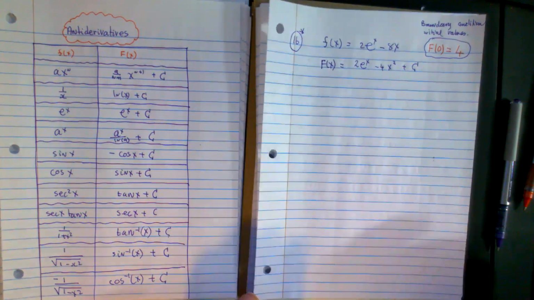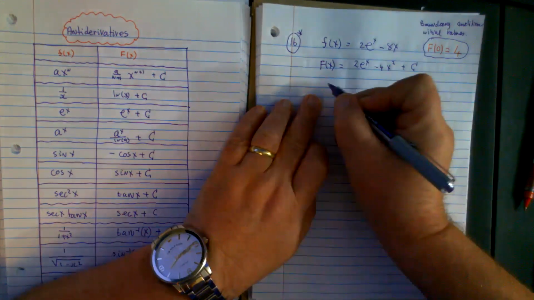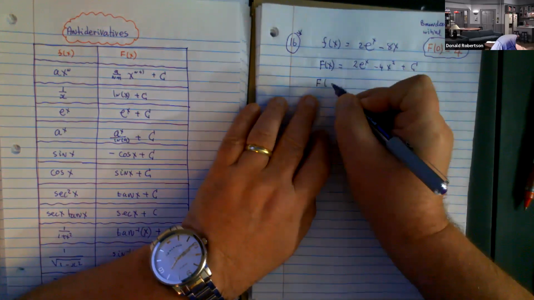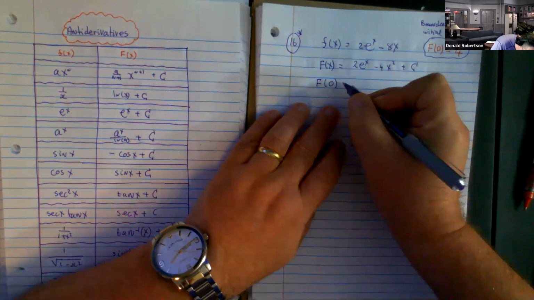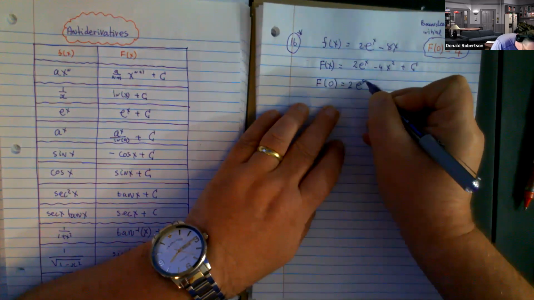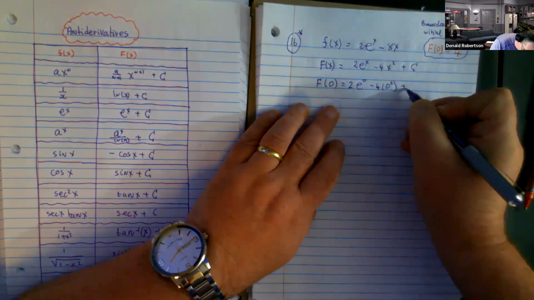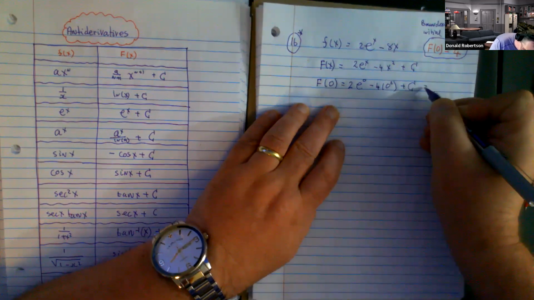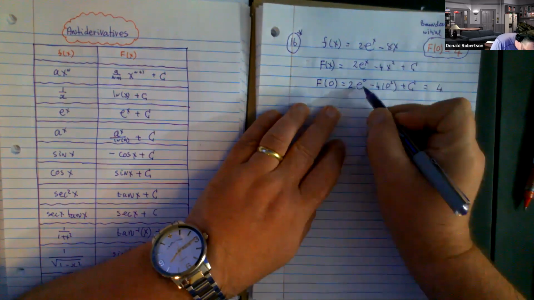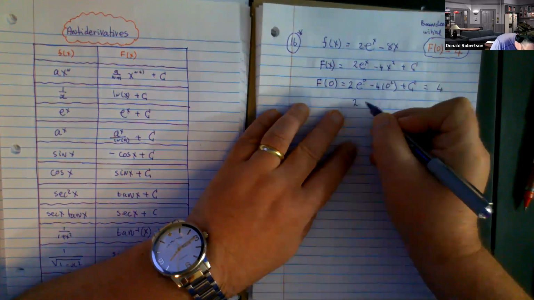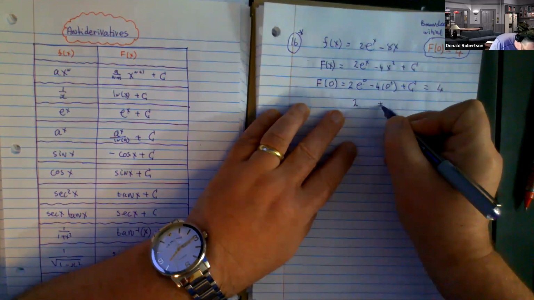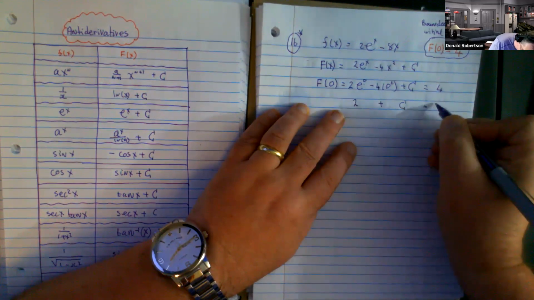Couldn't you just solve for 0 and put it equal to 4? Sounds good to me. So f of 0 is 2e to the 0, take away 4 lots of 0 squared, plus c. And we know that's equal to 4. E to the nothing is 1, so that's 2, take away nothing, plus c equals 4.